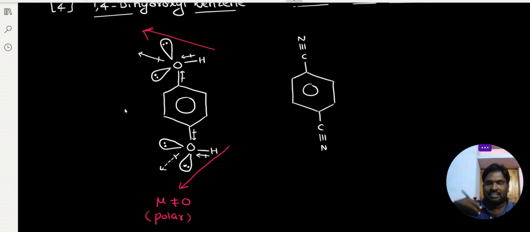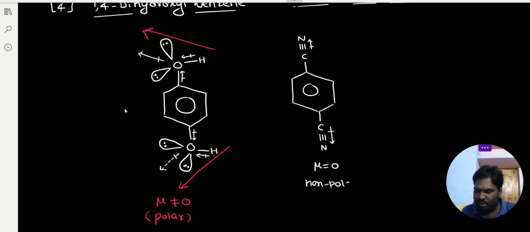So now cyanide is linear, and here bond polarity is pointing towards nitrogen. So the two bond polarities are exactly working in opposite directions, that's why mu value 0. Mu value 0 means non-polar.